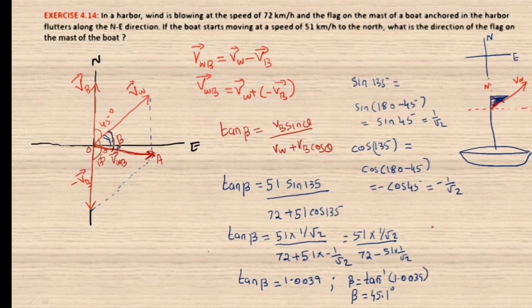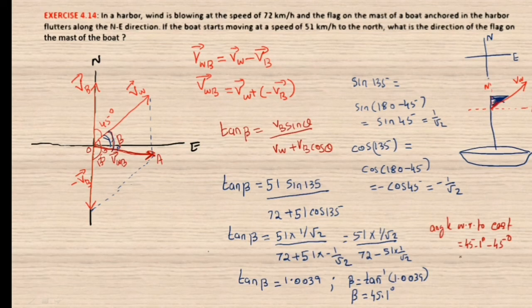So we can write here the angle with respect to east. Okay, the angle with respect to east direction, which is equal to 45.1 degree minus 45 degree. 45 degree means what? The angle which is making towards the east direction, and from the east direction to the resultant velocity is what?